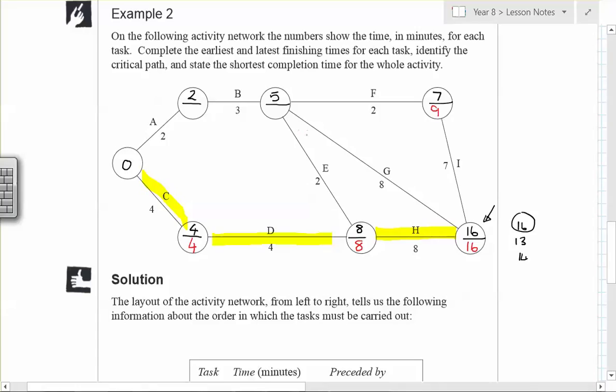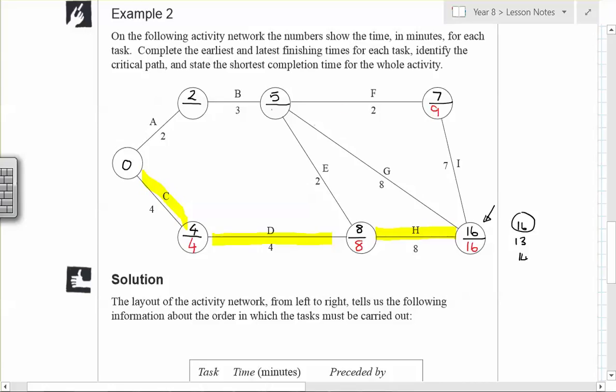So, but the thing is, if I put an 8, this one would not be done in time. If I took 8 minutes, this one would not be done in time.